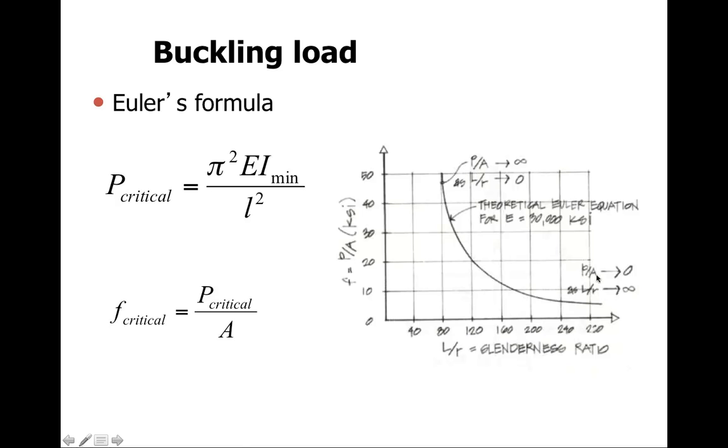As we get more and more in this direction, we have to be concerned about buckling. On the other side, we're really more concerned about crushing loads. Here this formula would apply: P over A has to be less than F critical, the allowable crushing load for the material.